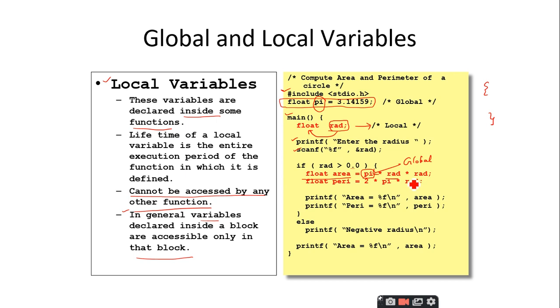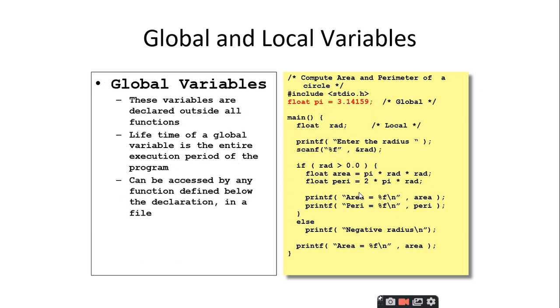Similarly rad is the local variable. Since it is local to main, you can make use of this rad any number of times. And similarly, if you go to the global variable section, these variables are declared outside of all the functions. We have discussed it.